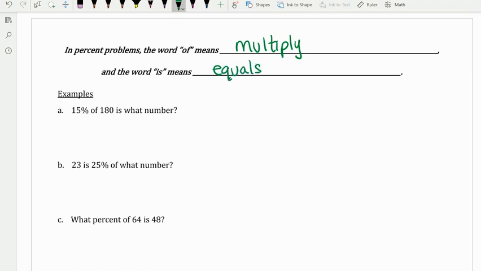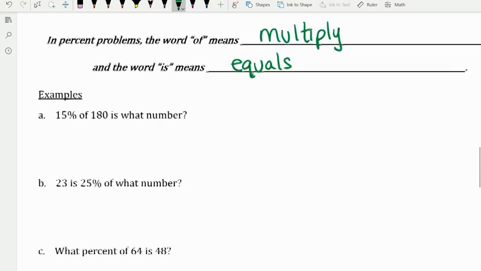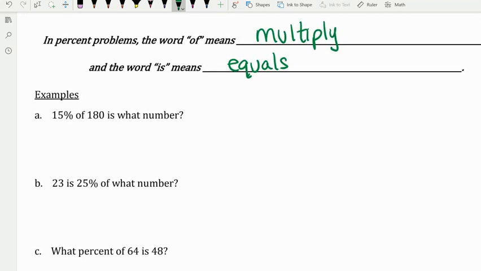We've talked about that before with word problems, okay? So, for example, this first one says that 15% of 180 is what number, right? Basically that means 15% of means times 180, is would be our equals, and then what number is I don't know, so we can plug in x, right?